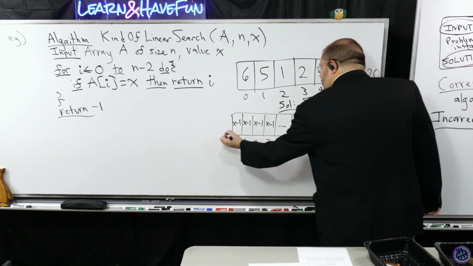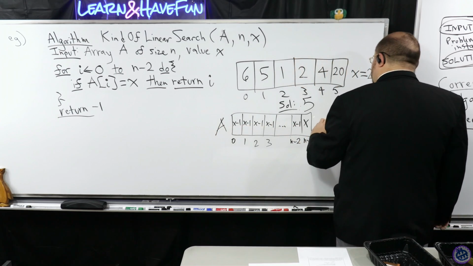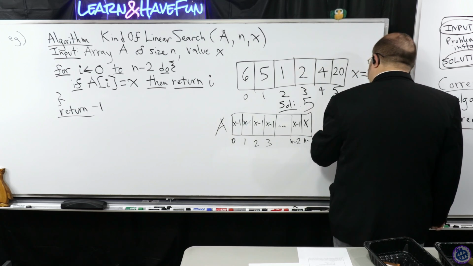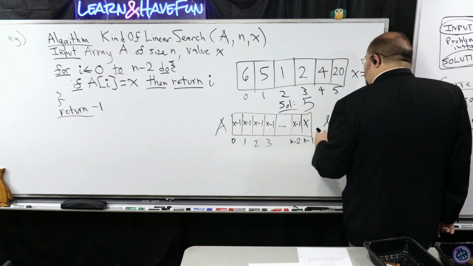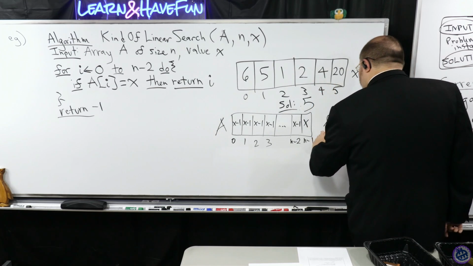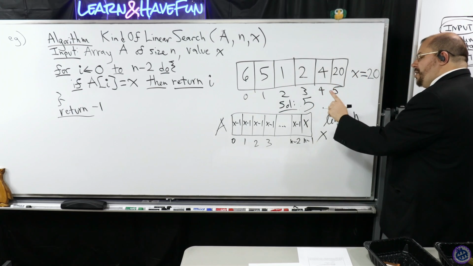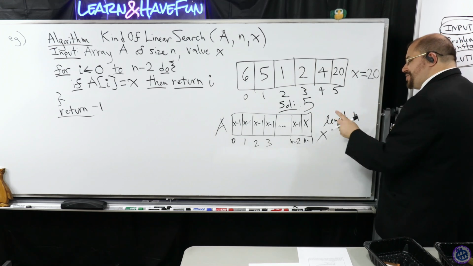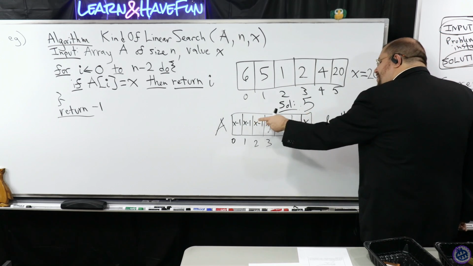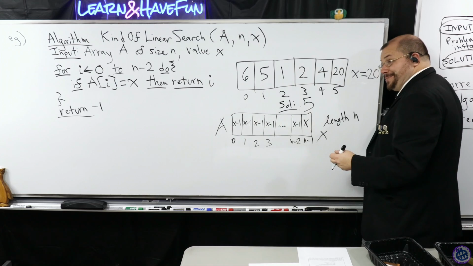Imagine I give you an array A, an arbitrary one of length n, where you give me the key x. I make all of the entries in the array, except for the very last position, not be x.